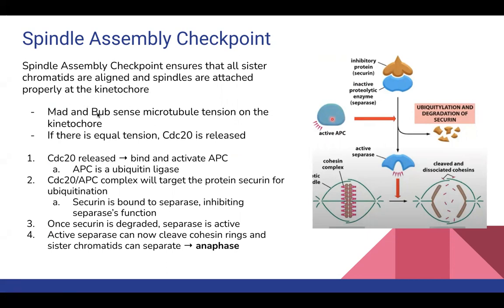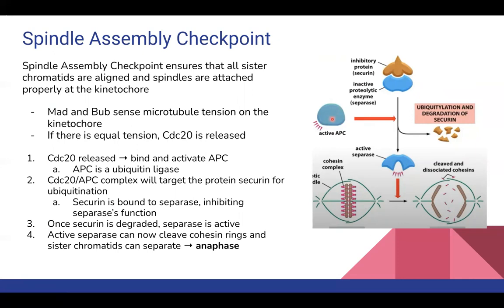There's two proteins, MAD and BUB, that are able to sense the microtubule tension on the kinetochores. And if there's equal tension and everything's good, CDC20 is going to be released. What CDC20 basically does is bind and activate APC, which is a ubiquitin ligase.